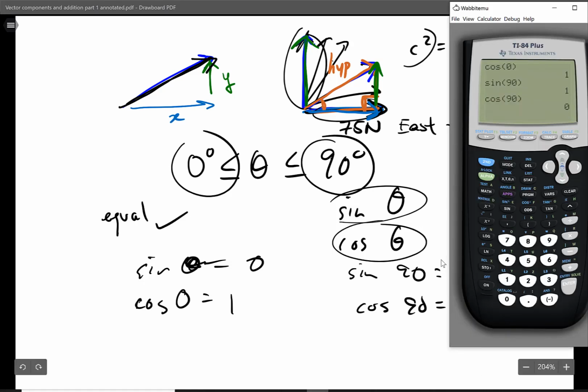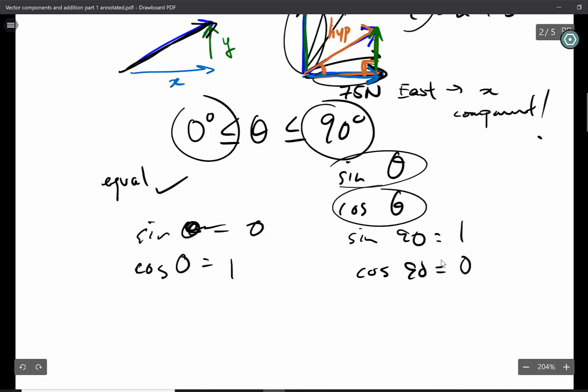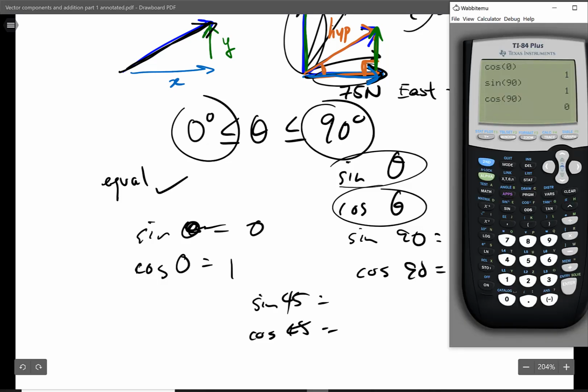But let's check a number in between. Say, 45. Sine 45, cosine 45. Let's see what we get. Cosine 45, oh look, this number is smaller than 1. Sine of 45, it's the same number. Surprise, surprise. Maybe we should try something like 60 degrees.